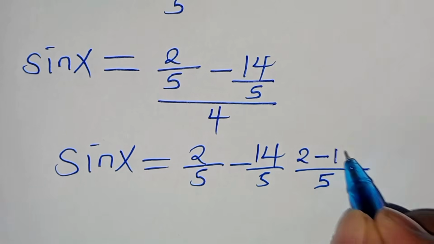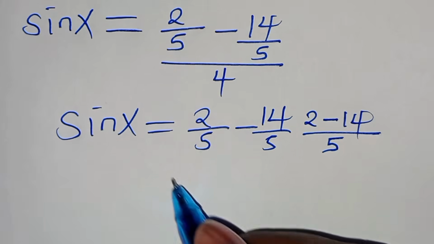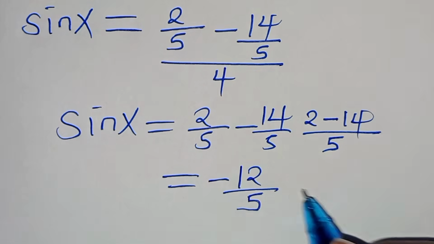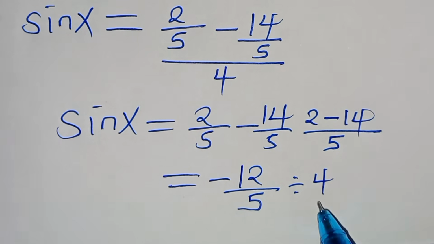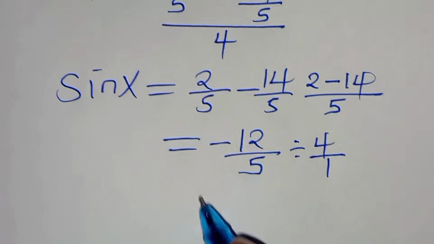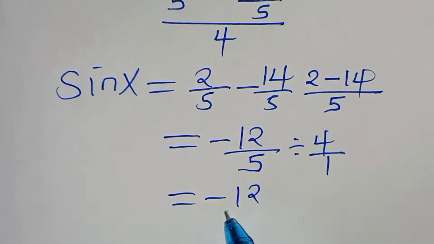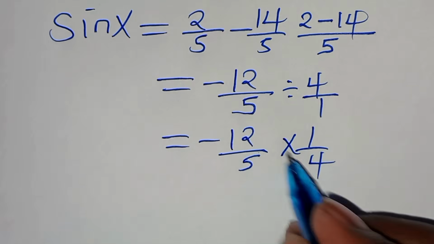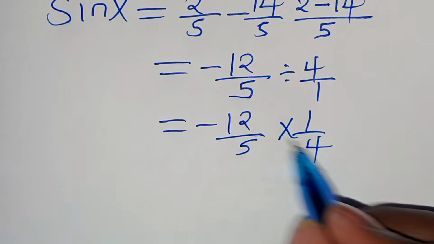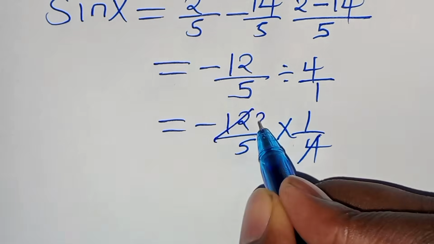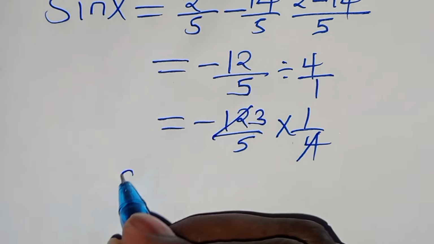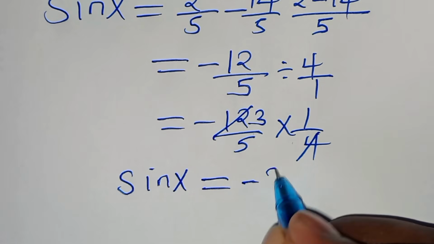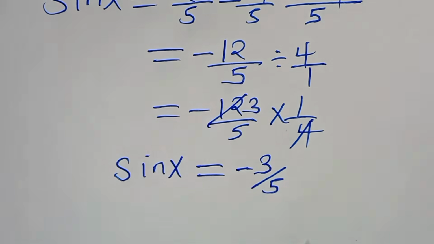Subtract 14, so this is the same as negative 12 over 5, then divided by 4, which is 4 over 1. So we have negative 12 over 5 multiplied by 1 over 4. Simplifying, negative 12 divided by 4 is 3. So the second value of sine x is equal to negative 3 over 5.